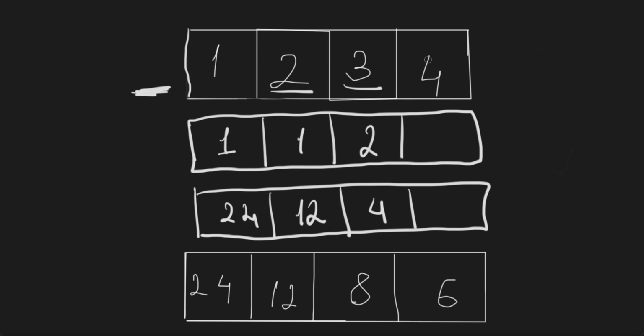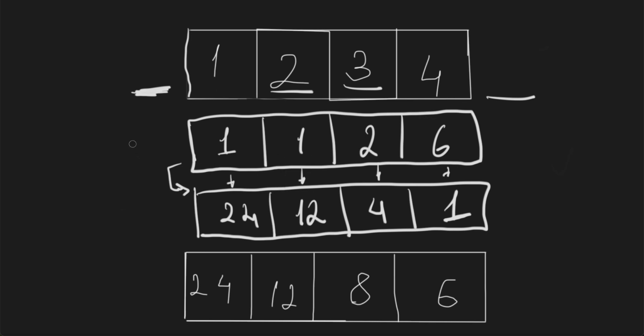And for 4, all of the multipliers on the left are 6, and there are no numbers on the right side, and similarly we can just write 1 here. So when we get these two arrays, for each index we can multiply them together and get the answer list that we need.